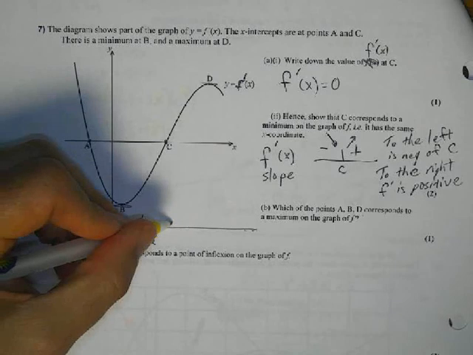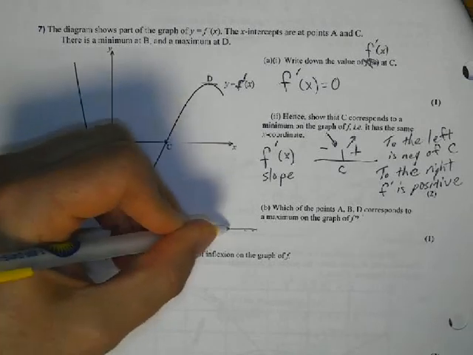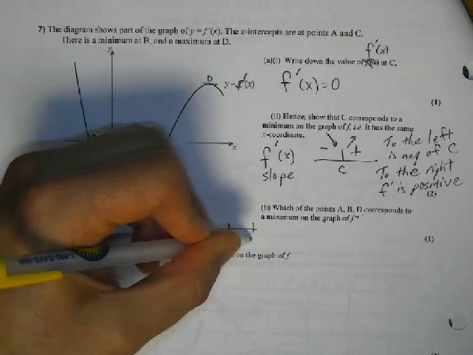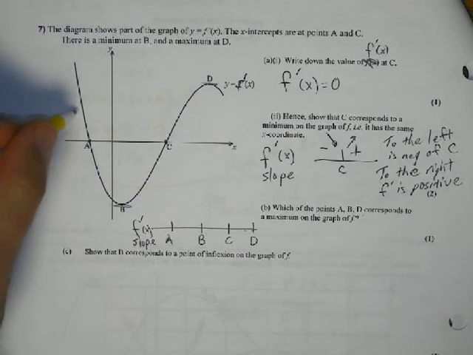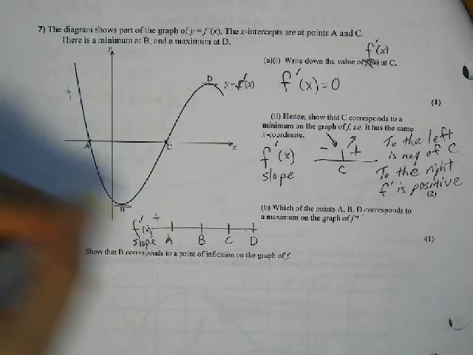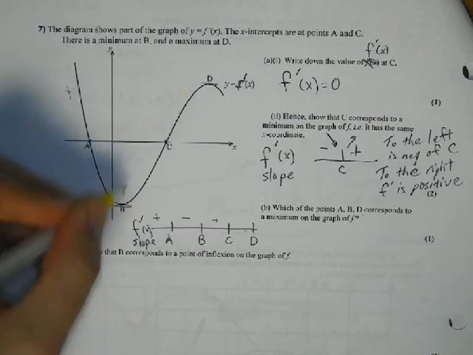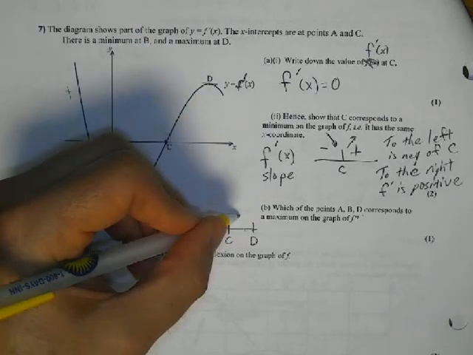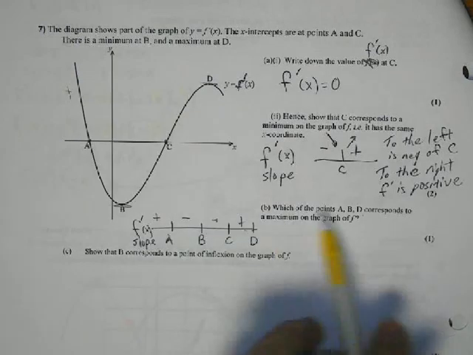So A, B, C, D. This is the first derivative graph. We have positive values here, negative values between A and B, negative values between B and C, and positive values between there. So which represents a maximum?